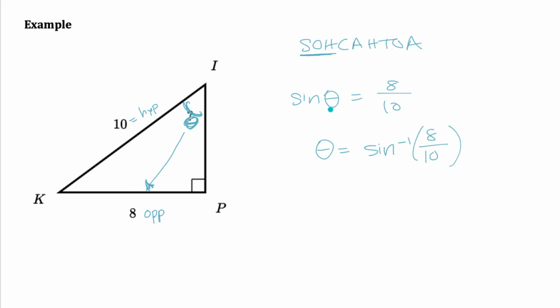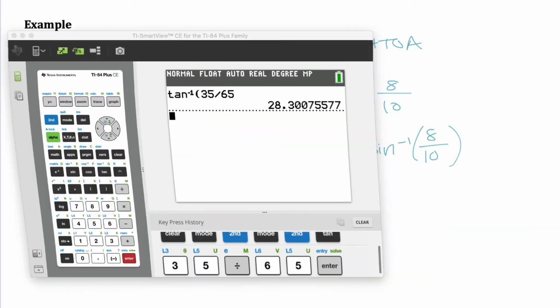So it looks like I skipped a step here. I didn't write that step where I did the inverse sine on both sides. That's up to you whether or not you include it. I included it the first time just to show you that I'm undoing the trigonometric function on one side and I have to balance on the other side. You can go straight to this step if you're comfortable enough. So the inverse sine of 8 over 10 is going to give me the angle measure.